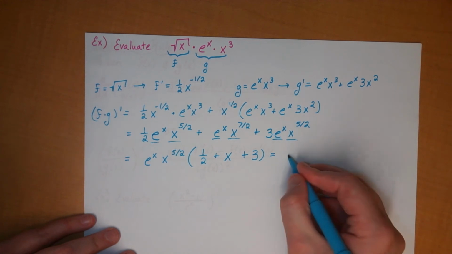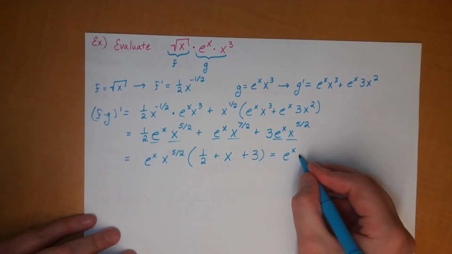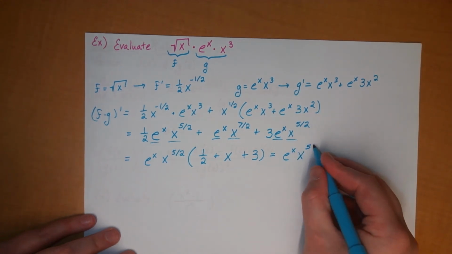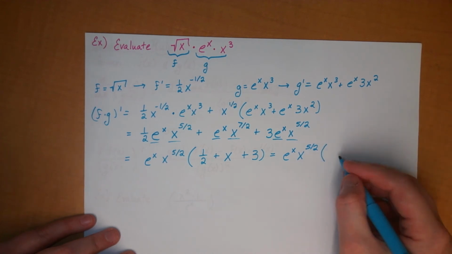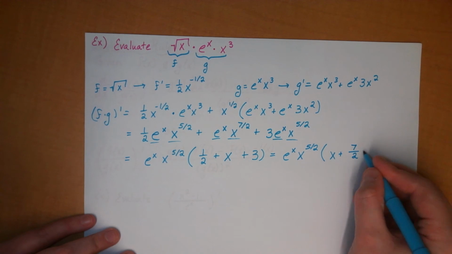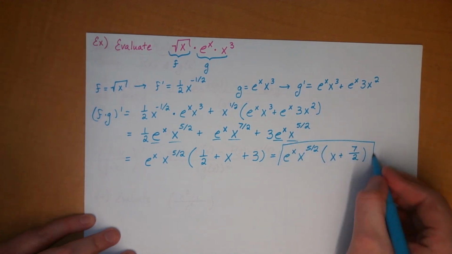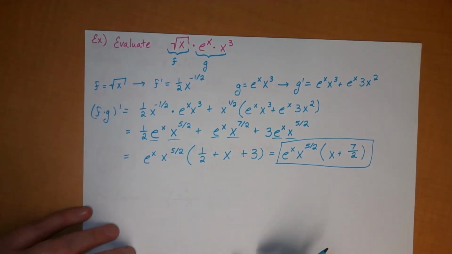So that will give me e to the x, x to the 5 over 2, times x plus 7/2 would be my answer.